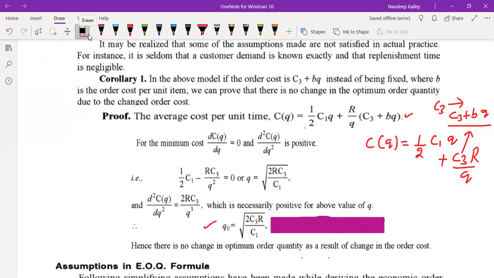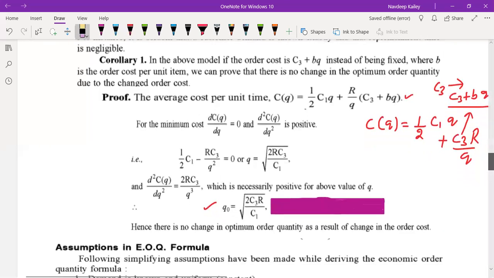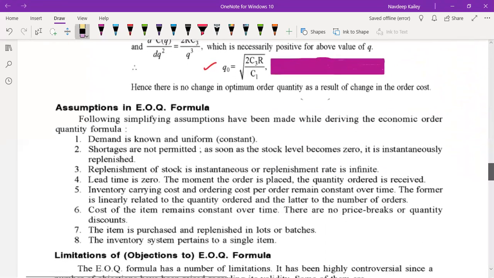First, we will discuss the assumptions we have made in the economic order quantity formula. The following are the assumptions. The first assumption is demand is known and uniform. The second assumption is shortages are not permitted.